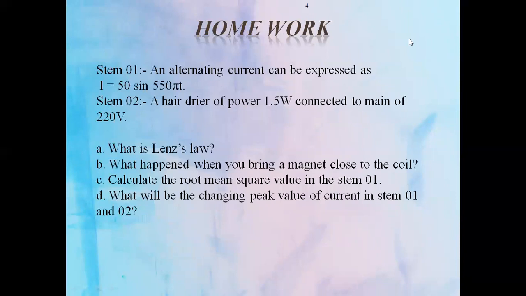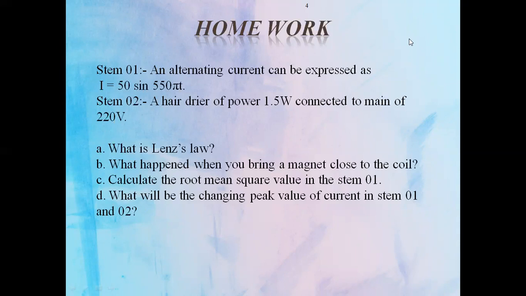Homework that you must practice at home. Step 1, an alternating current can be expressed as I is equal to 50 sine 550 pi t. Step 2, a hair dryer of power 1.5 watt is connected to the mains of 220 volt. Number A, what is Lenz's law?